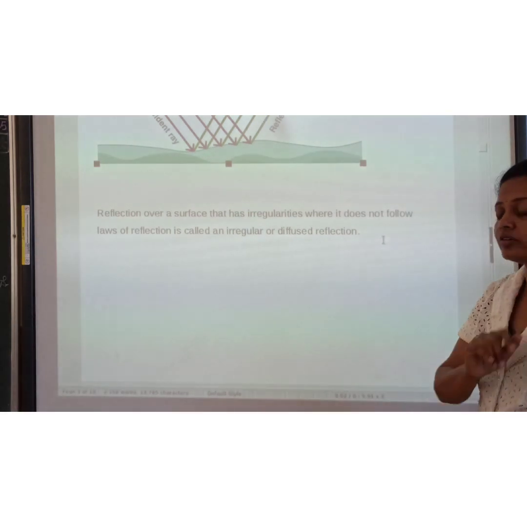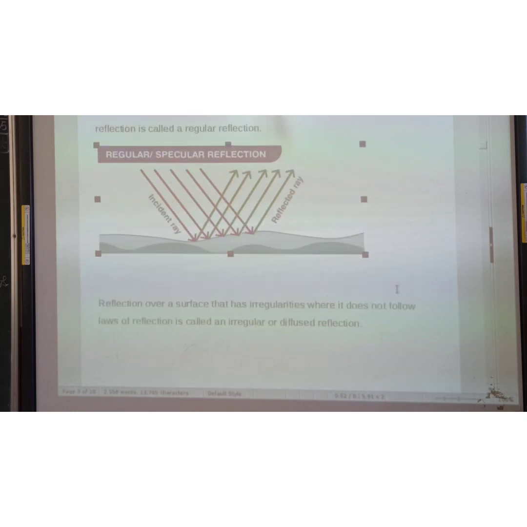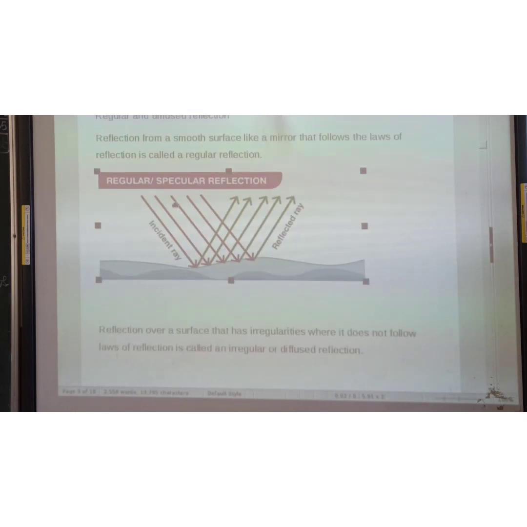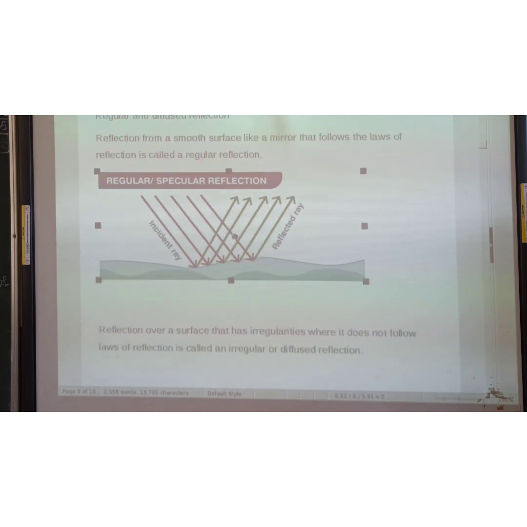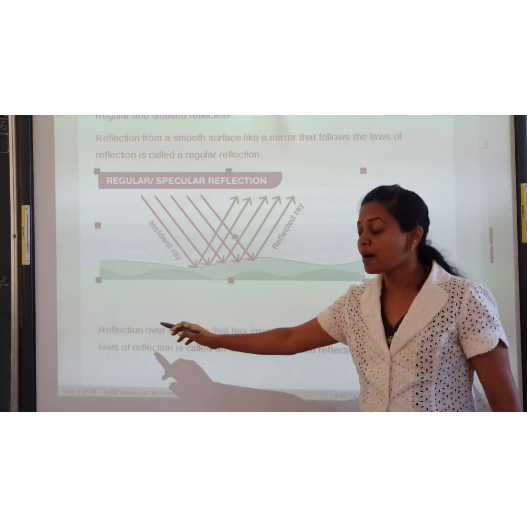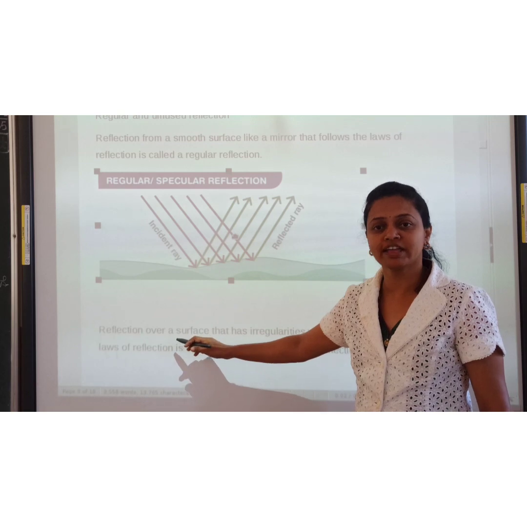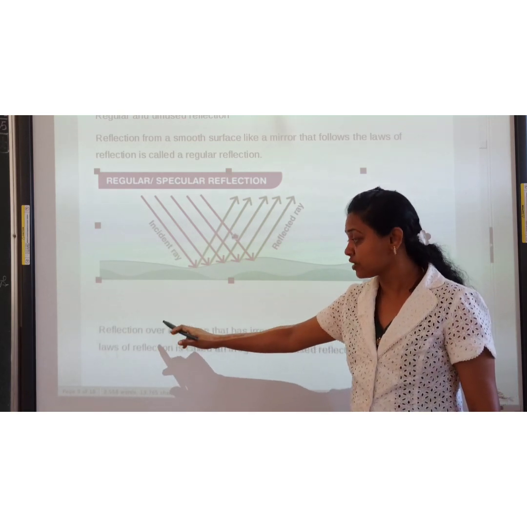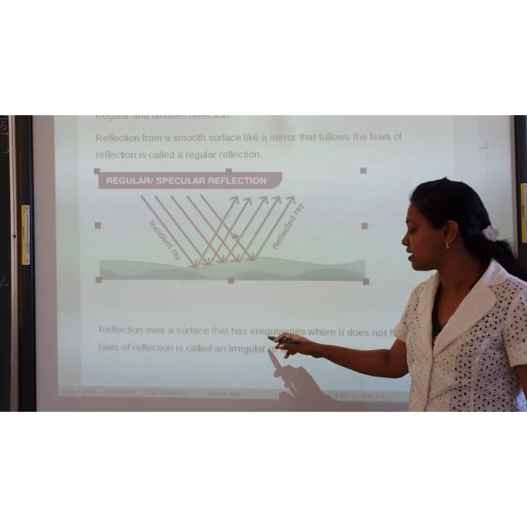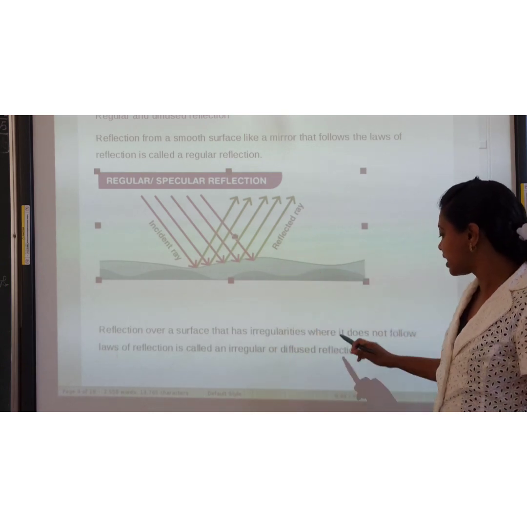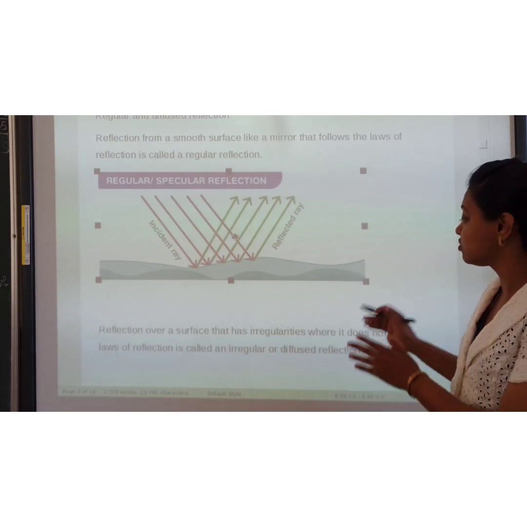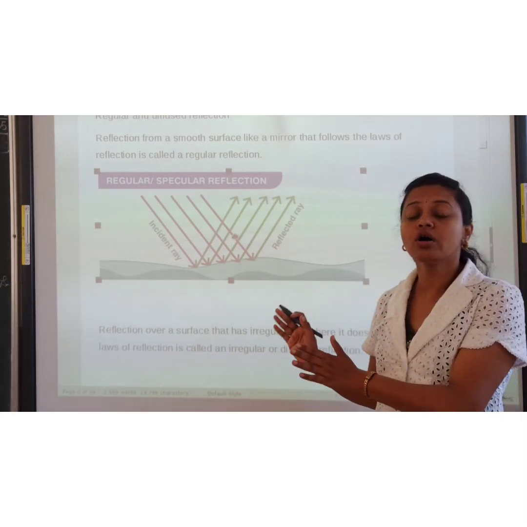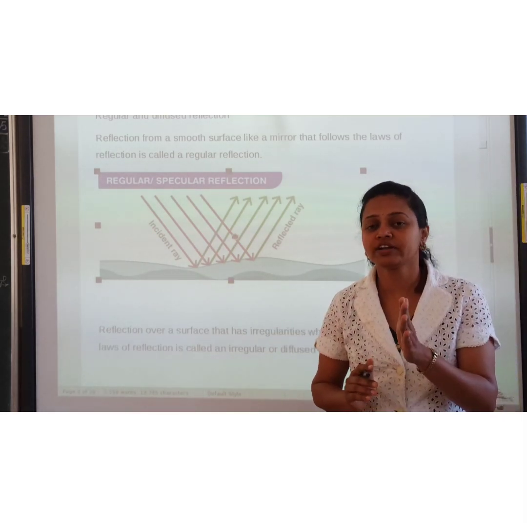You have to observe these pictures, look at the regular or specular reflection and compare it with this statement that is being given. Reflection over a surface that has irregularities, where it does not follow the laws of reflection, is called irregular or diffused reflection.